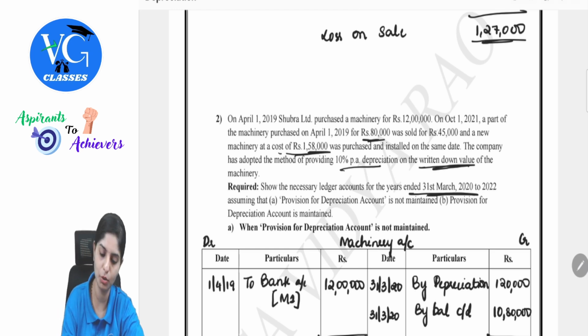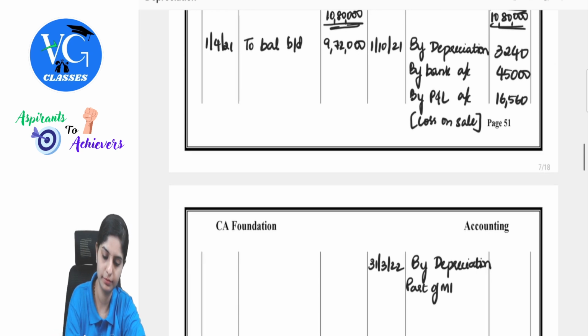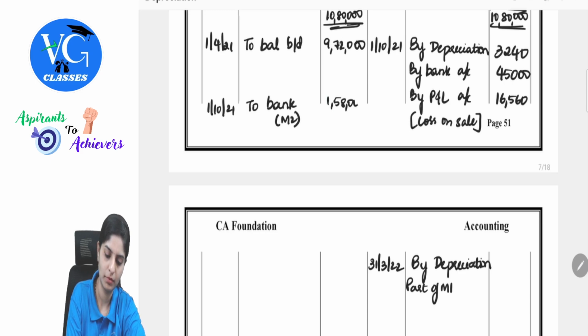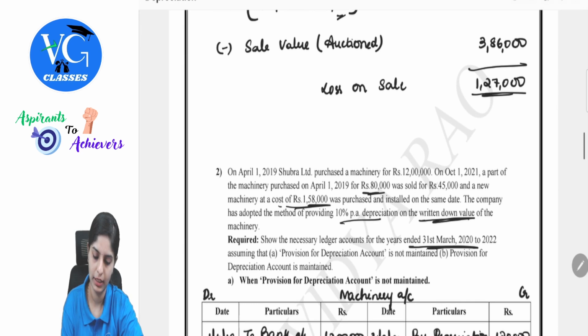That is on 1st October itself. To bank 1,58,000. Yes.